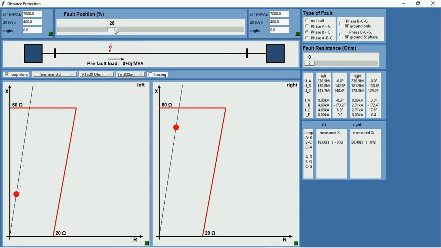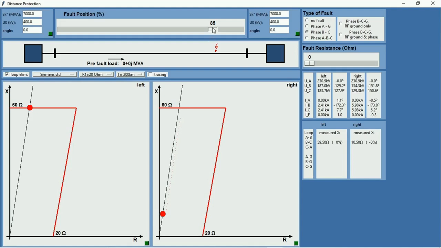And if we have a fault at 85%, you see here, without any measurement errors, since this simulation runs without measurement errors, then we are exactly at the limit.